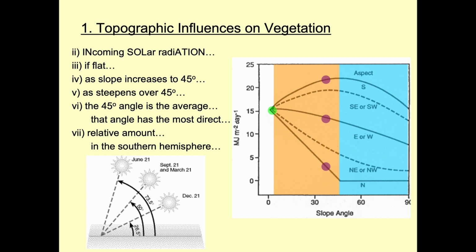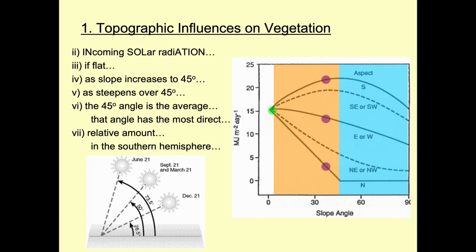The angle of 45 degrees is a critical angle because it is about the average angle of the sun in the sky during the whole year. So, as we know, there is a seasonal tilt of the planet, which gives us those seasons, and 45 degrees is the average angle the sun is at during the whole year.